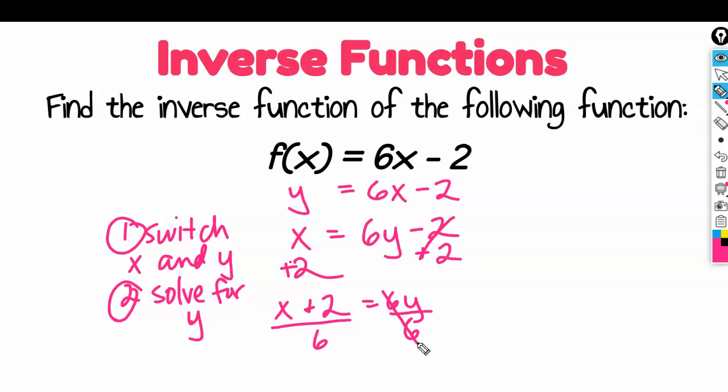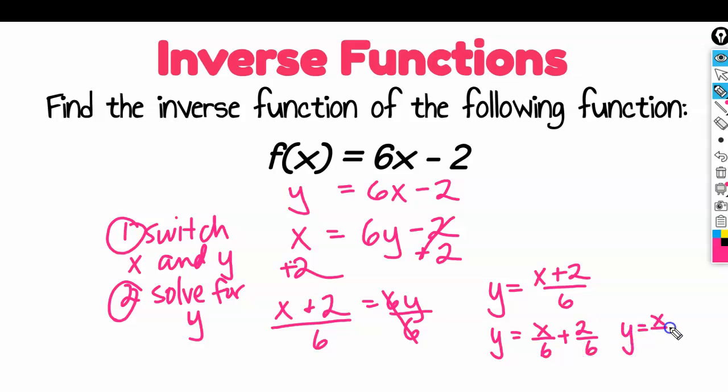So we can have y equals x plus 2 over 6, or another way I can write this is x over 6 plus 2 over 6. Or finally, in the most simplest form. So here I was just simplifying it even more. This is also valid, and that would also give you credit.